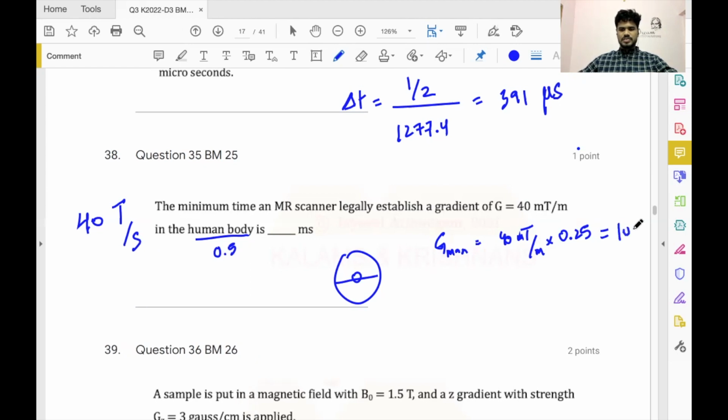Okay, 10 milliteslas. We are allowed 40 teslas per second. So in order to go to 10 millitesla, how many milliseconds? Time is distance by speed. So 10 into 10 power minus 3 by 40. And this is 0.25 milliseconds. Yes, 0.25 milliseconds.